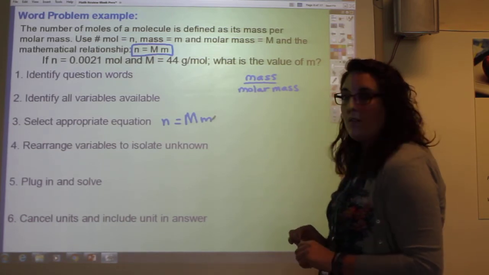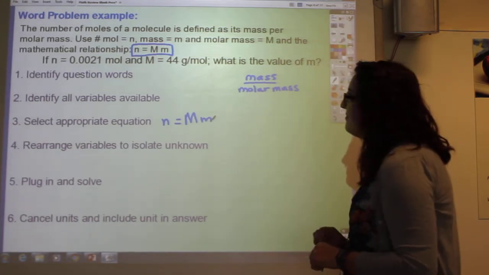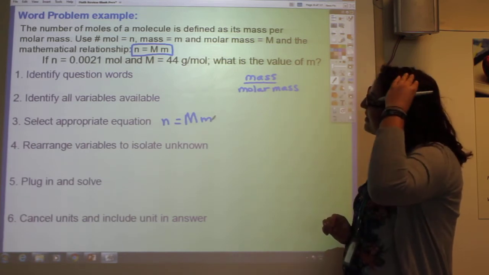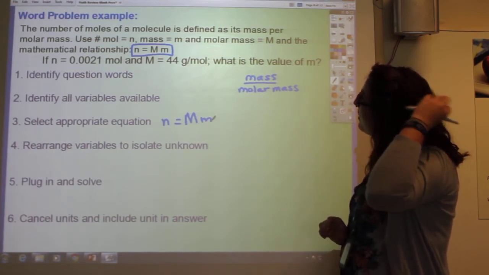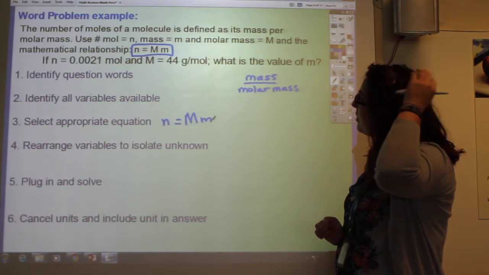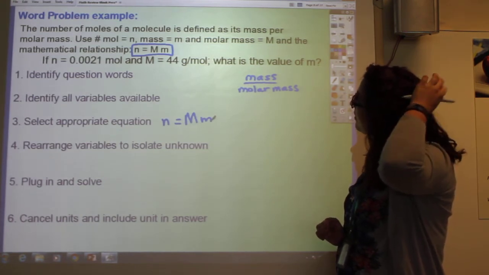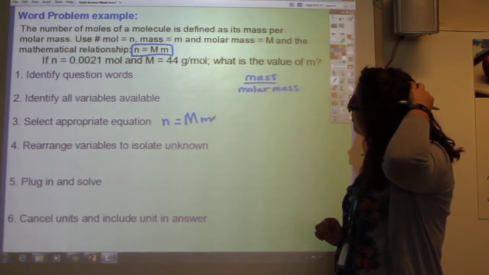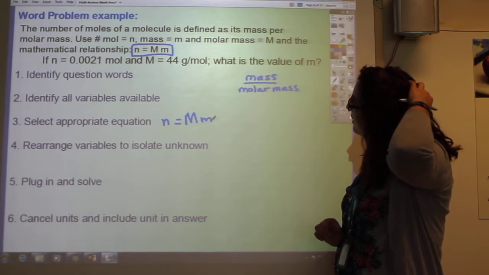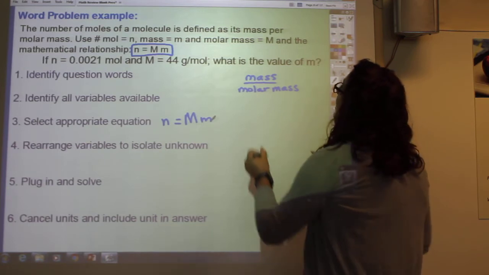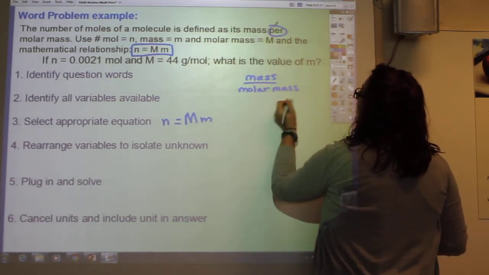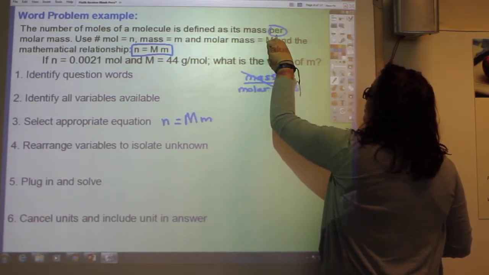Okay, this equation was wrong. Yeah, never mind, no, the equation is correct. It should not say per.